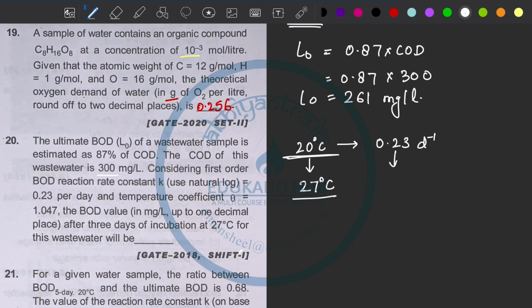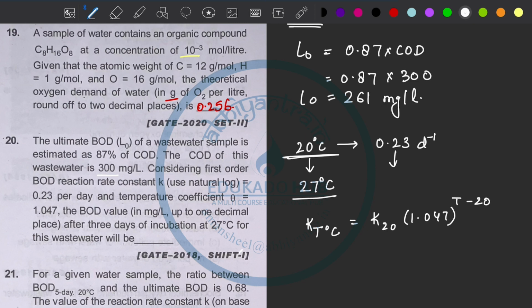Now first of all I need to get the reaction rate constant at the given temperature, which is nothing but K. K at any temperature is equal to K at 20 degrees Celsius times 1.047 to the power of that temperature minus 20.